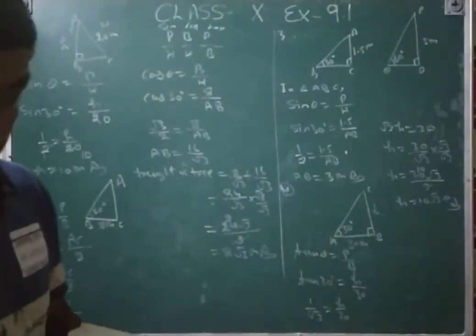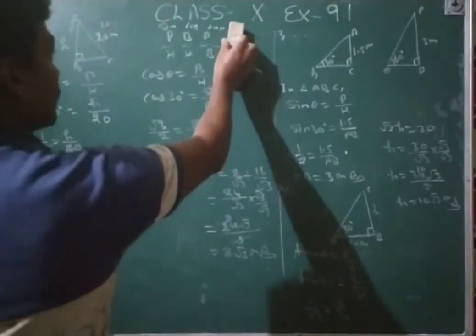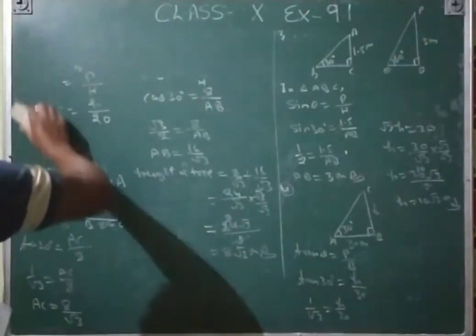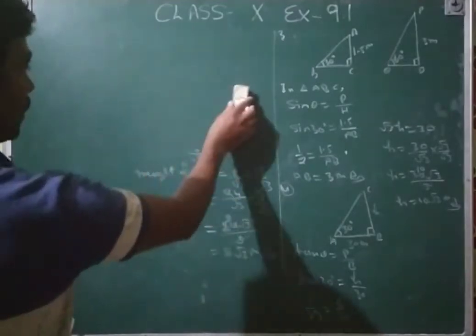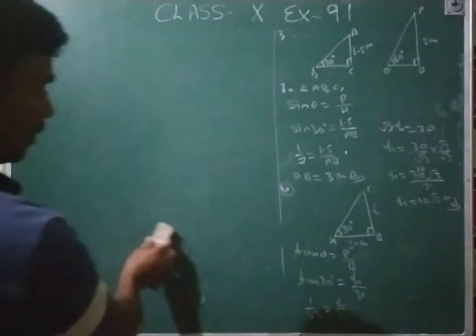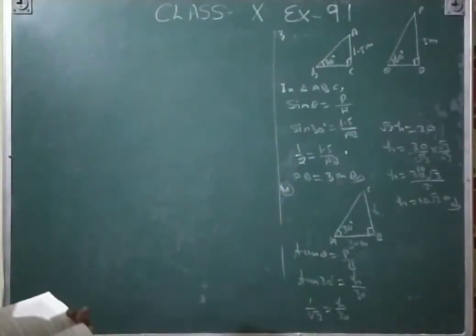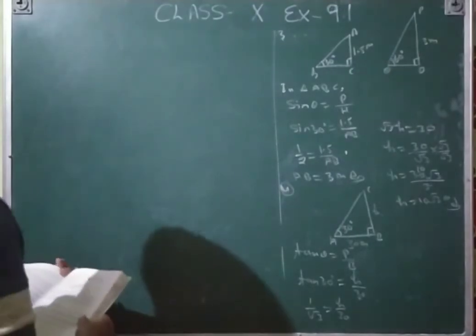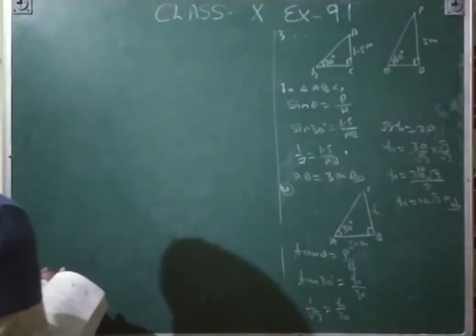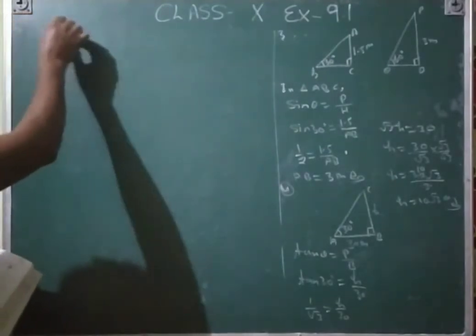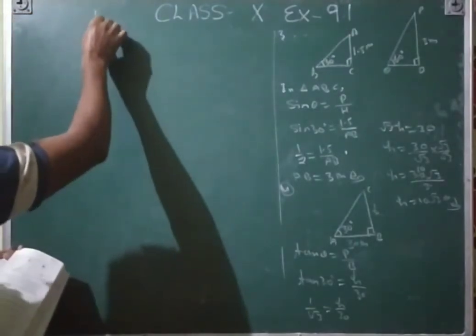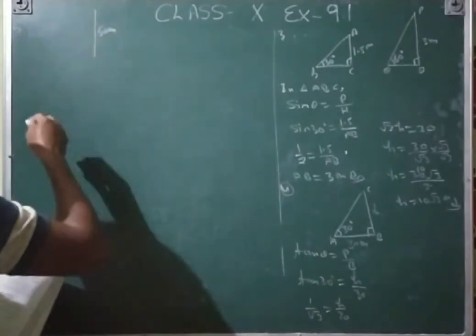And then question number 5. A kite is flying at a height of 60 meters above the ground. That is the fifth question.